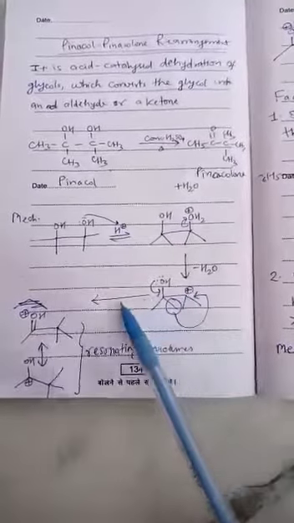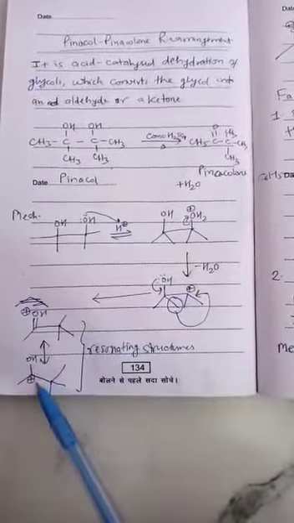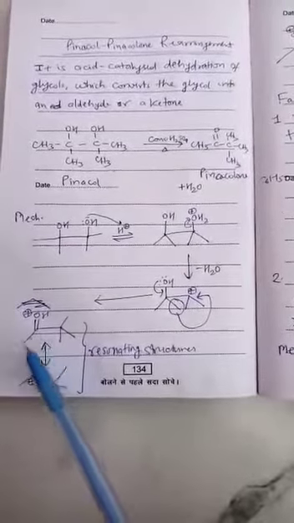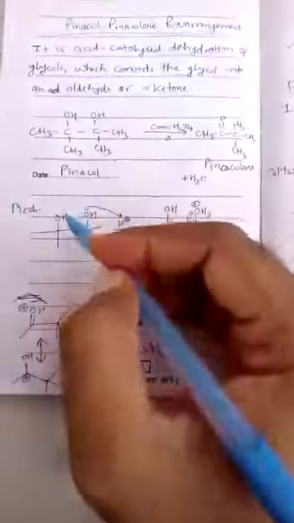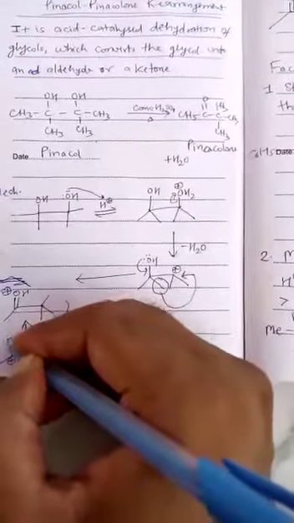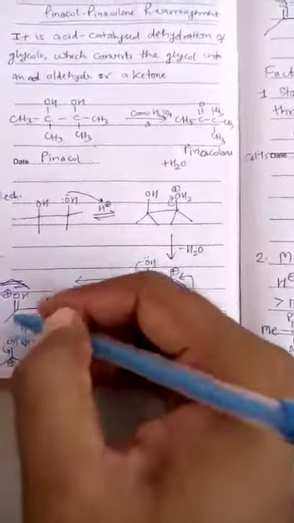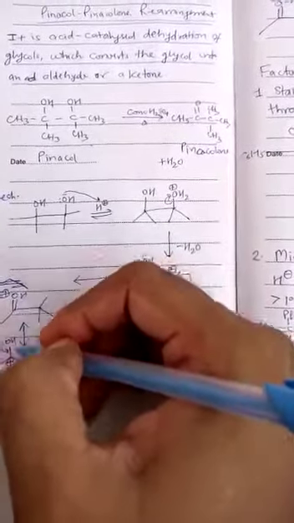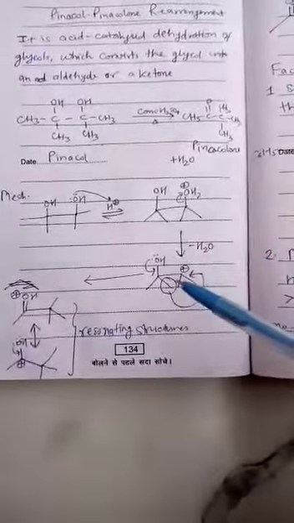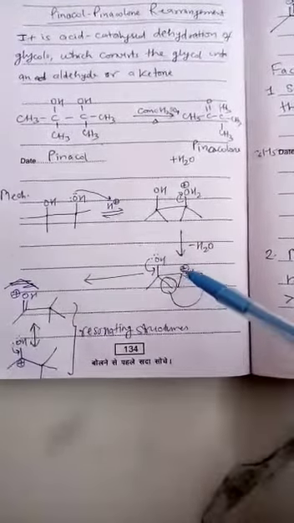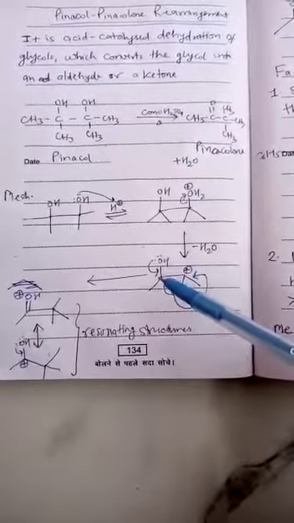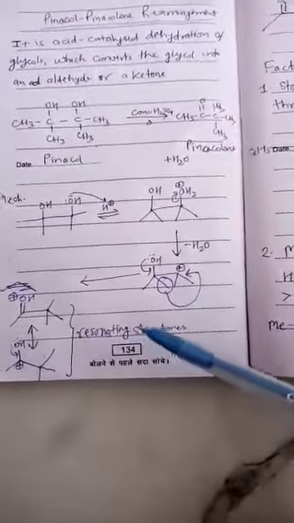After migration, you will find this product, which is resonance stabilized because this lone pair will go down and convert this one positive charge. So this gives two resonating structures. That's why this stable carbocation converts into another carbocation. These are resonating structures.